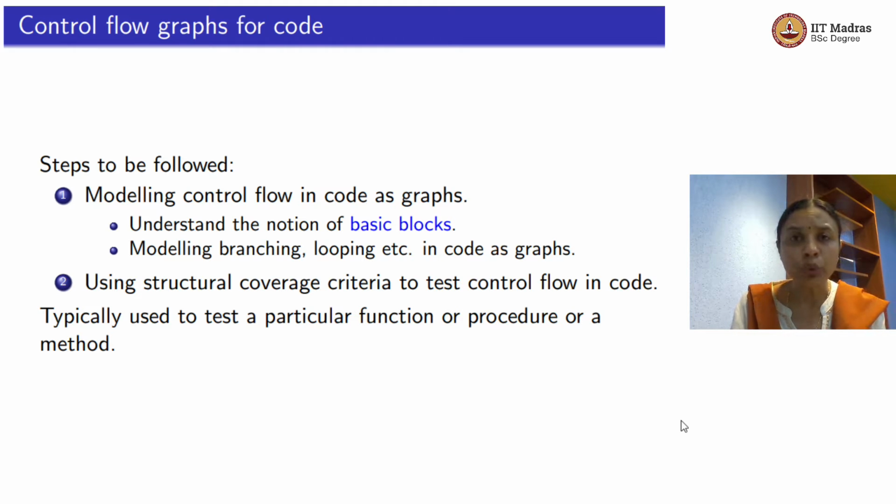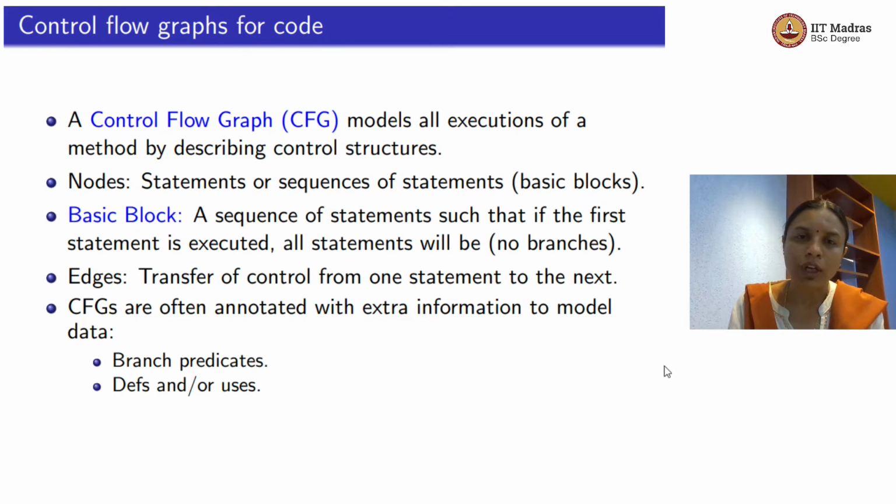This way we are unit testing the particular function or procedure or method by modeling it as a graph, and such unit testing would execute every statement in the method if we do node coverage, execute every edge that passes control from one statement to the other when we do edge coverage, and will consider loops when we do prime paths on the control flow. How to get control flow graphs from code?